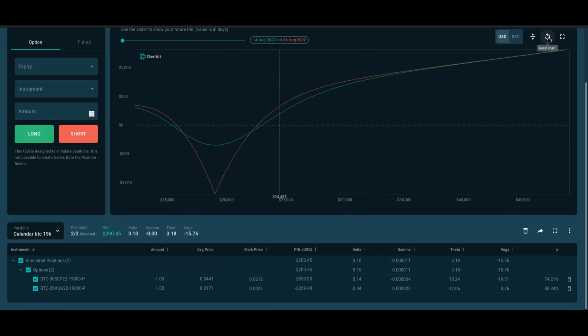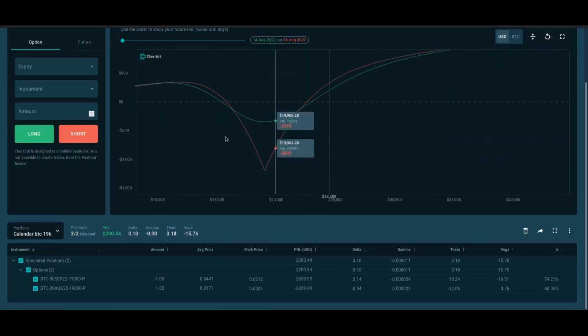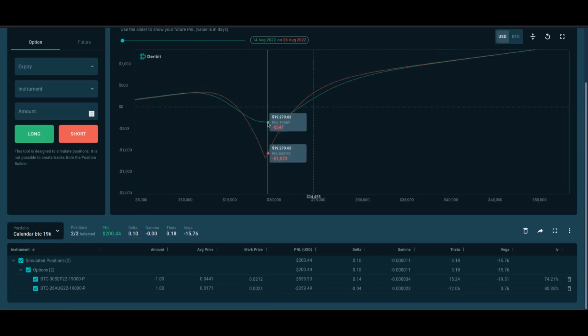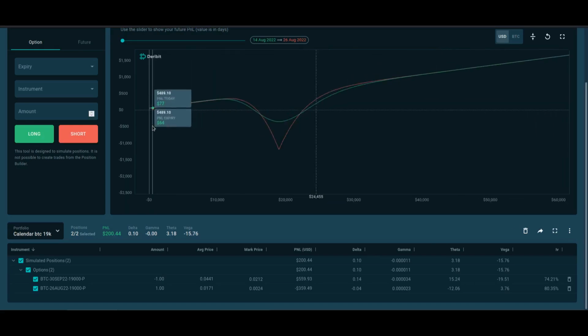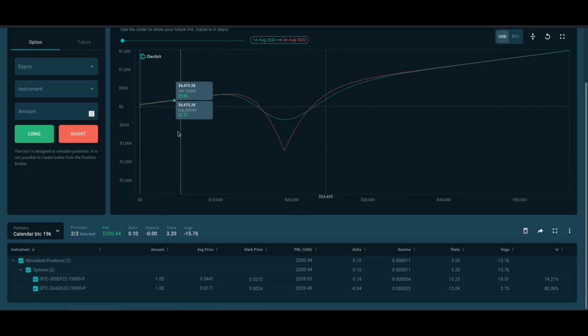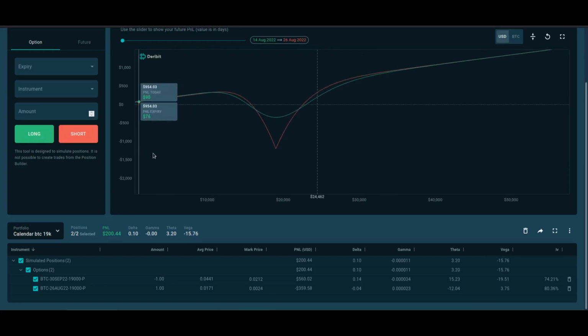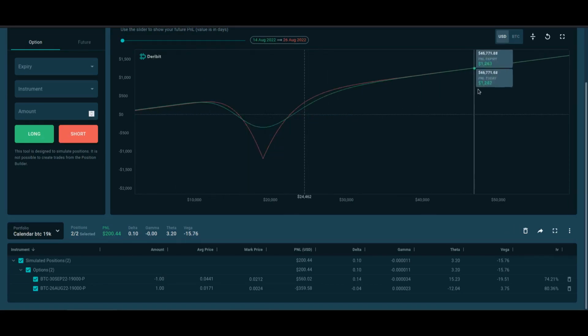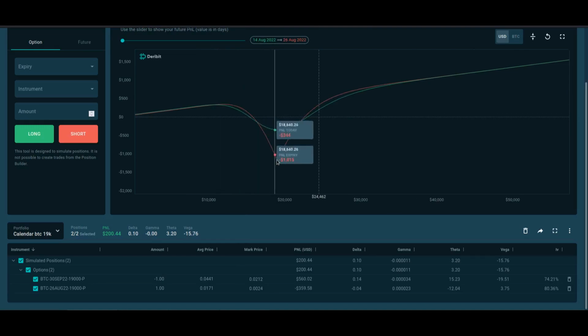So we have a covered range, and basically we have no risk if the price goes down or up. We have risk only if the price at the expiration date is at our strike.